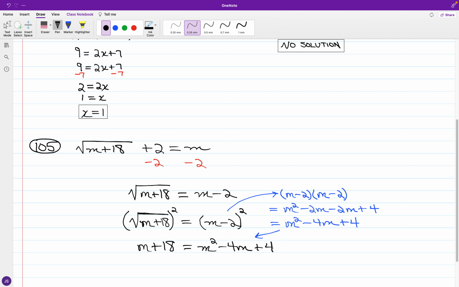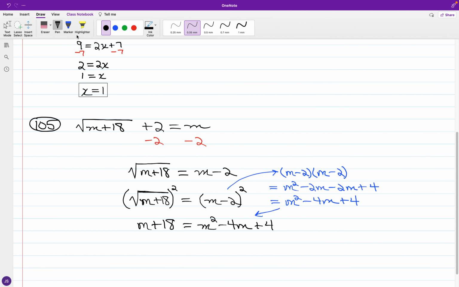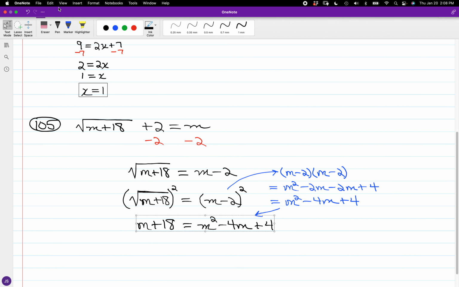And if I display what I have in standard form, notice the highest order term is m squared, and this is situated on the right.